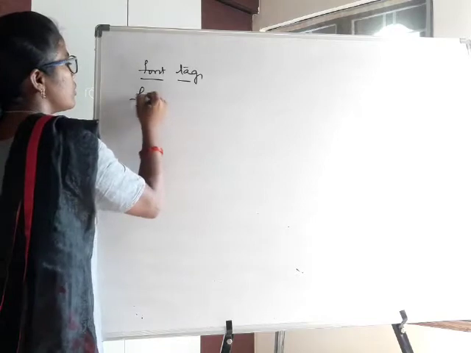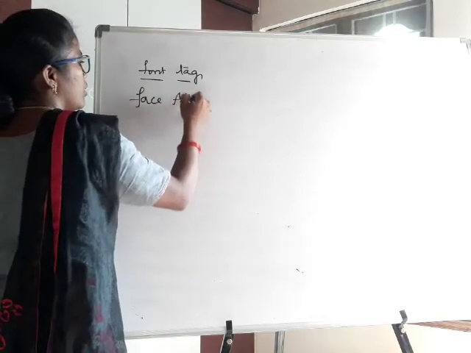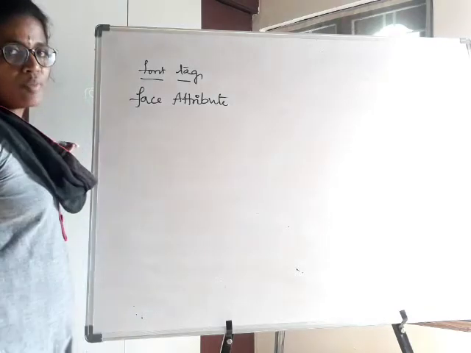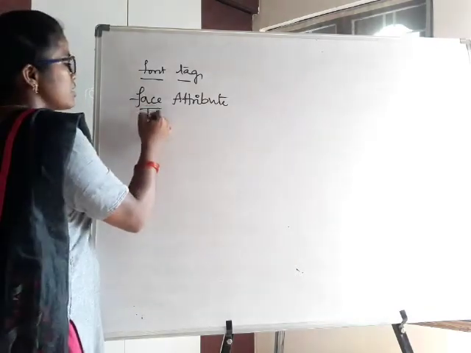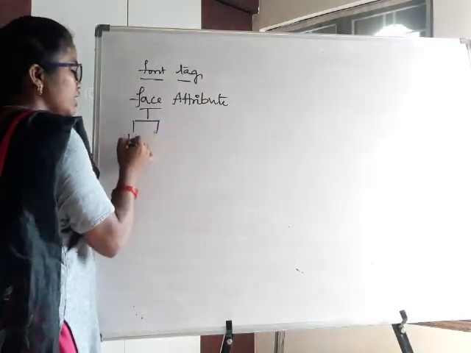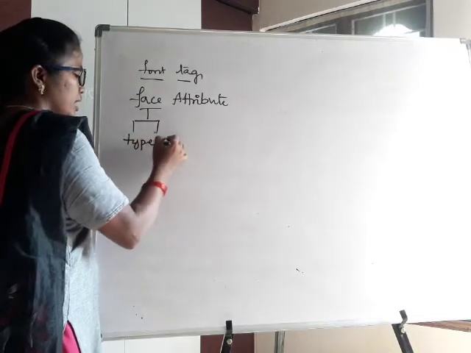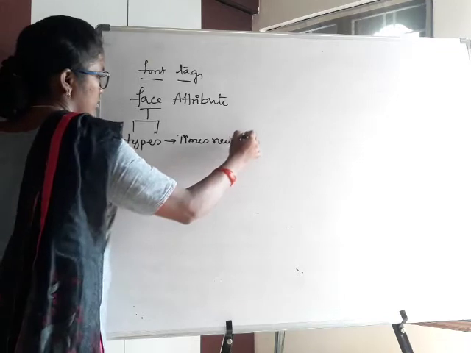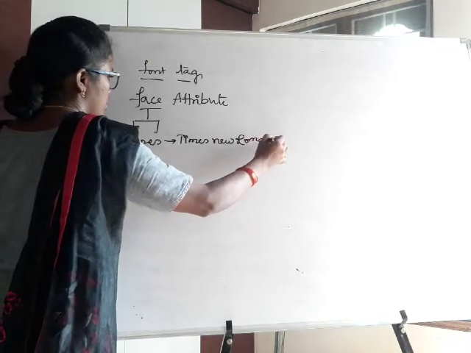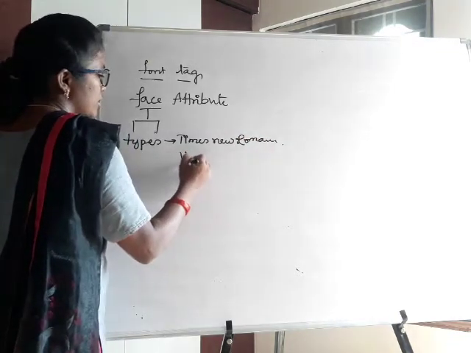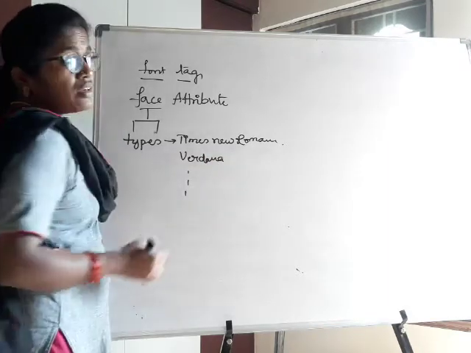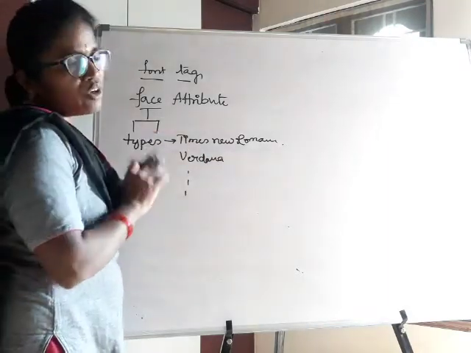Next attribute in font is face attribute. Face attribute is used to give different types, whether it is Times New Roman, right, or Verdana, or any other type of font you can have.